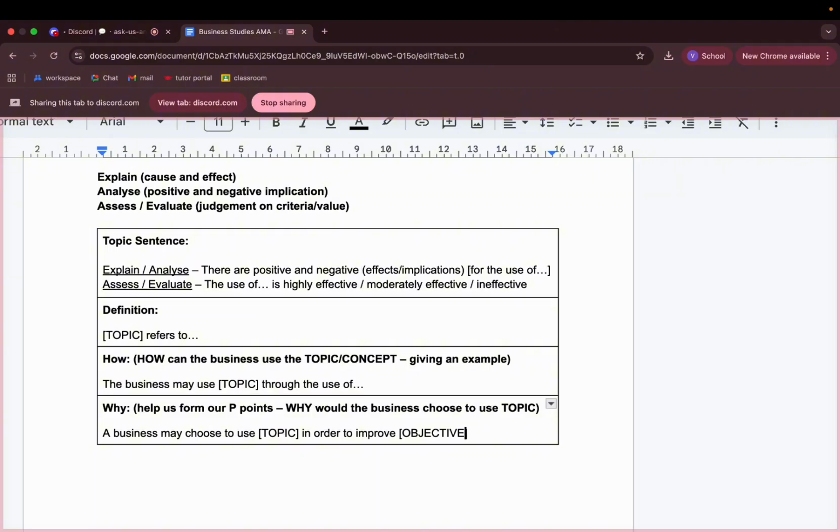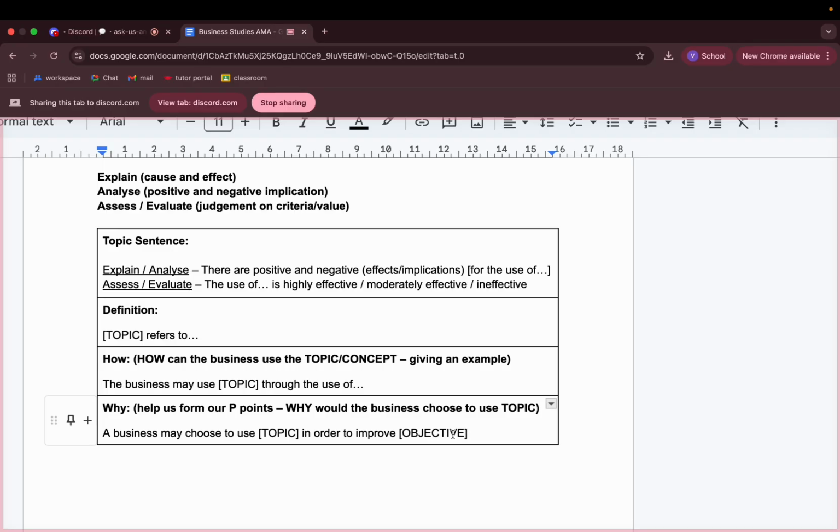So the objectives of finance are profitability, efficiency, growth, liquidity, solvency. Hopefully I didn't double up there. And for HR, there would be separation, absenteeism, disputes in the workplace, accidents in the workplace, and so forth.